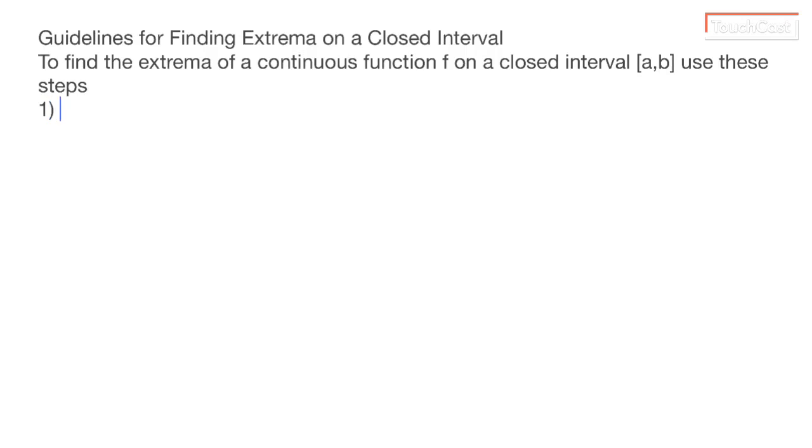The first thing we're going to do is find the critical numbers of f in the open interval a to b. And how we're going to do that is we're going to find the derivative of the function and set it equal to 0.